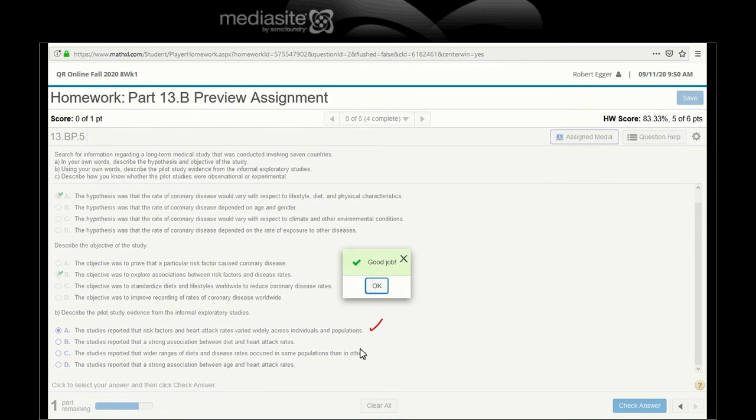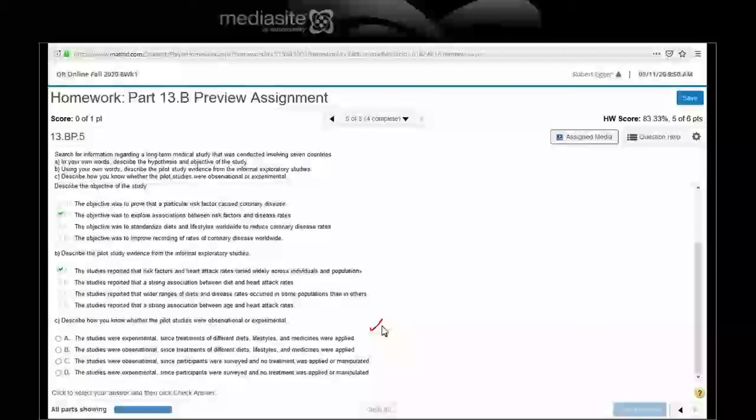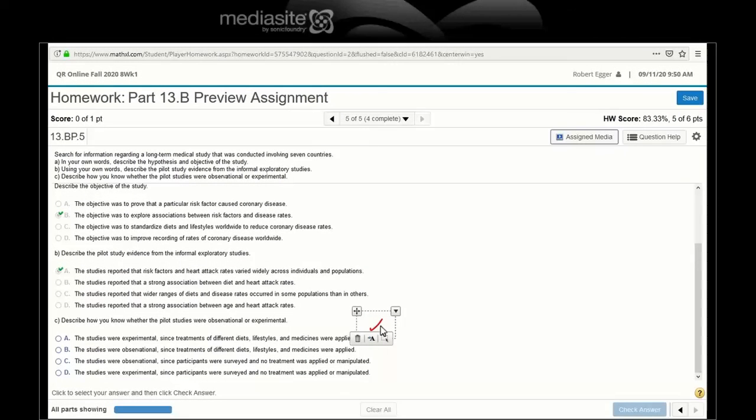Okay, another one. Describe how you know whether the pilot studies were observational or experimental. Studies were experimental? No, they weren't doing any active treatment.